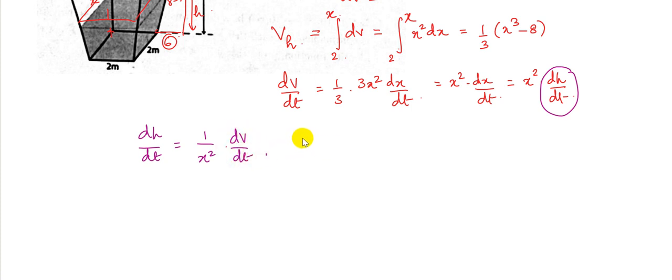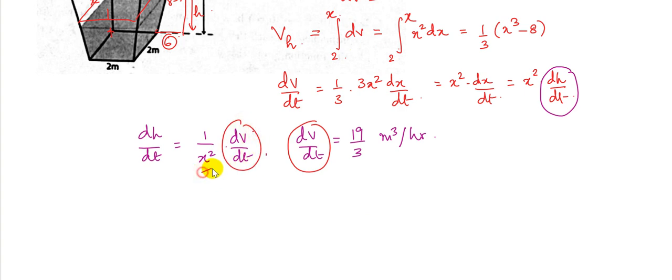Now we are given the value of dV dt, which is the rate of filling of water, as 19 by 3 meter cube per hour. So we know the value of dV dt. We have to find the value of x or x square. For that we have this equation of volume versus x: the volume is equal to 1 by 3 into (x cube minus 8).